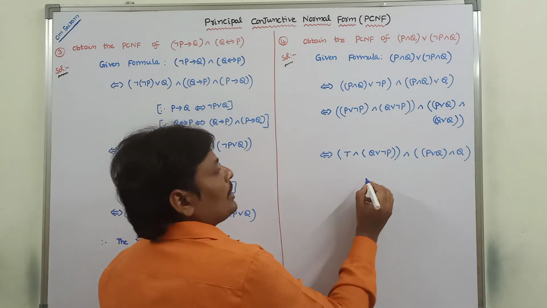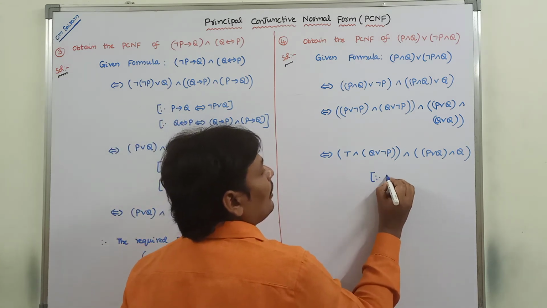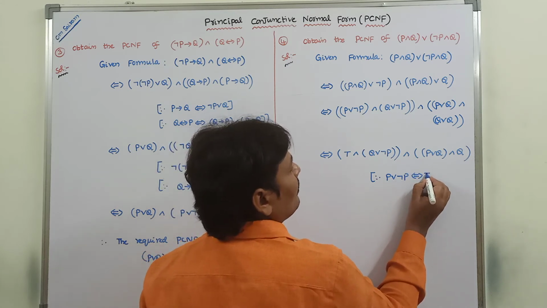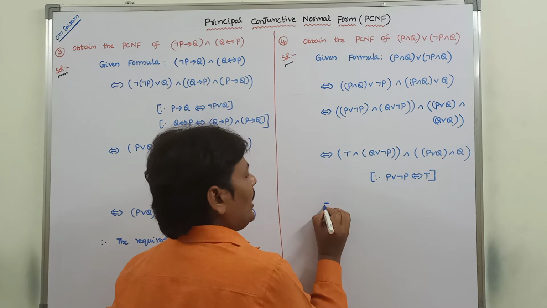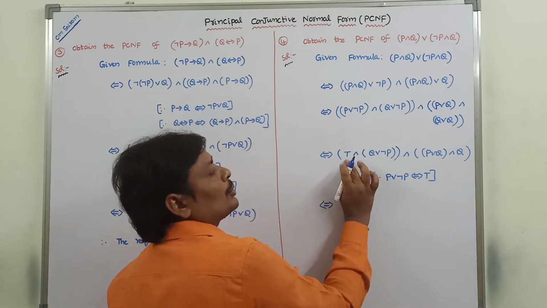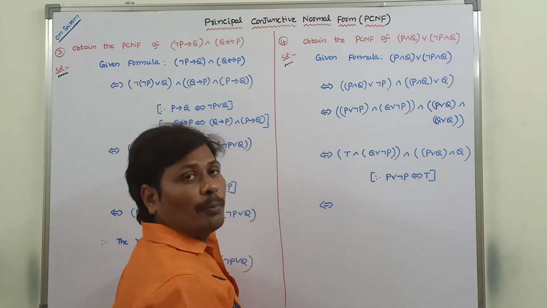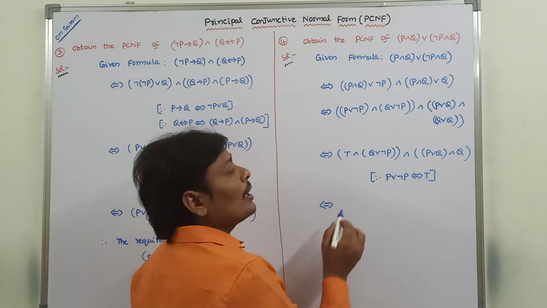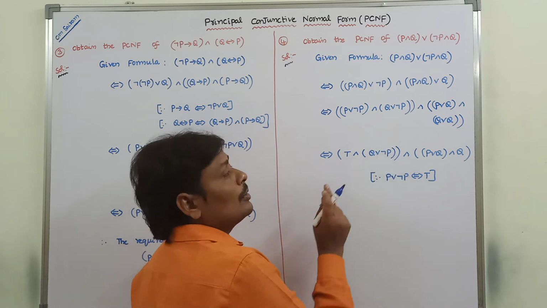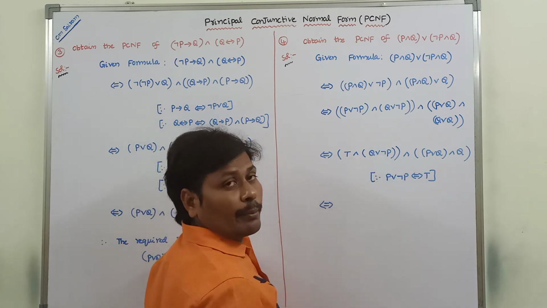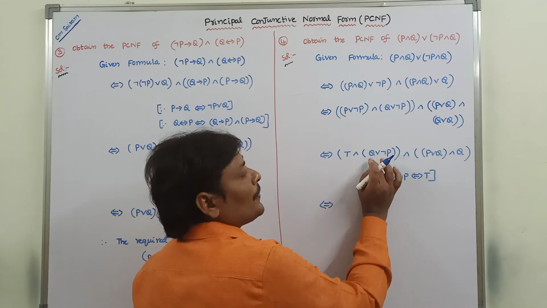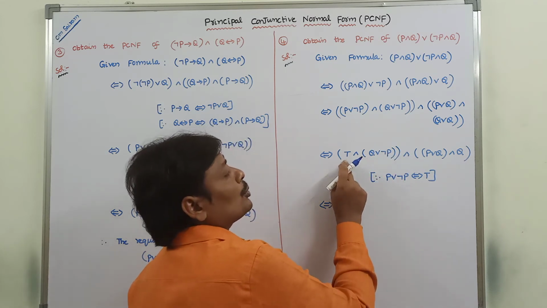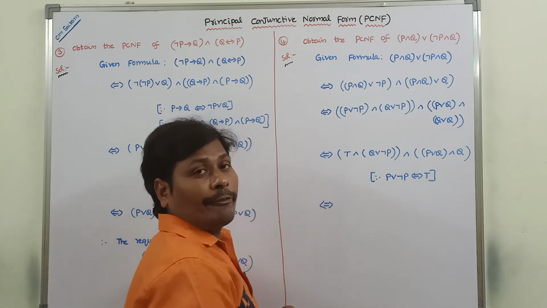We already know that P or negation P is logically equivalent to true. Next, here true and Q or negation P. In the place of Q or negation P, we substitute the true value: true and true is nothing but true. In the place of Q or negation P, we substitute the false value: true and false is nothing but false.